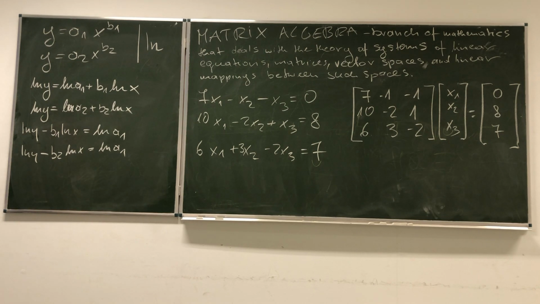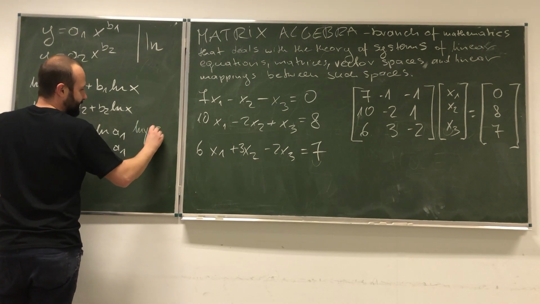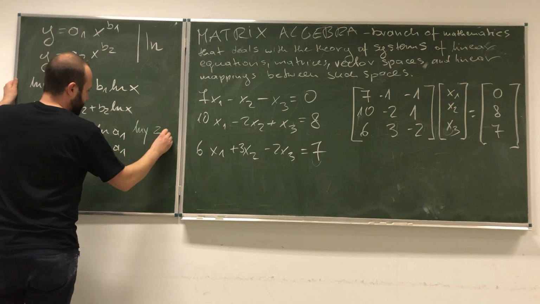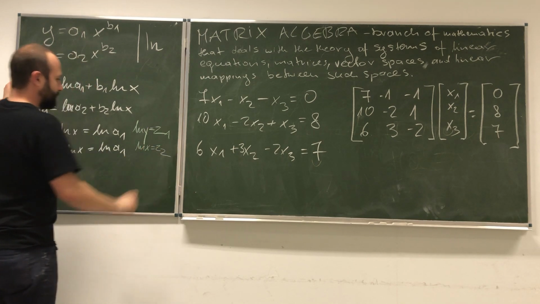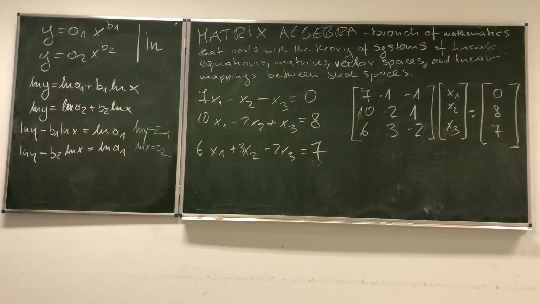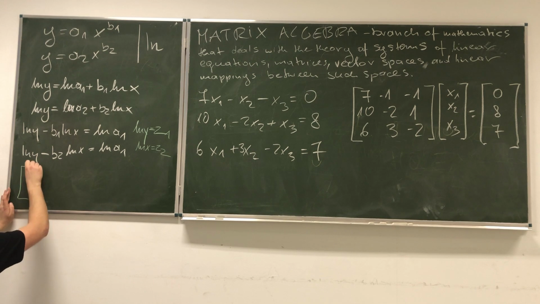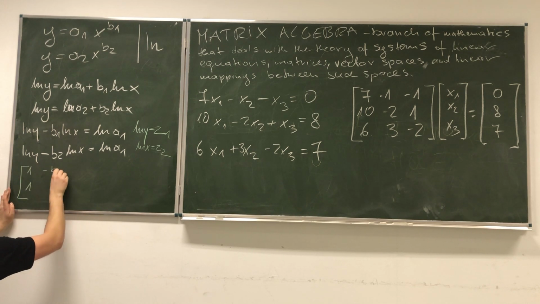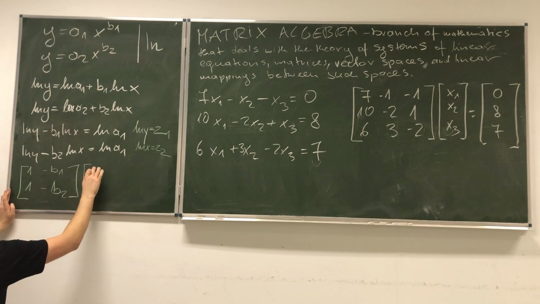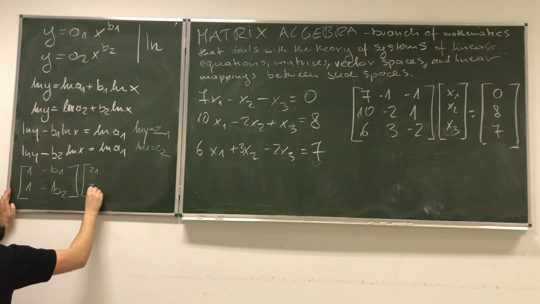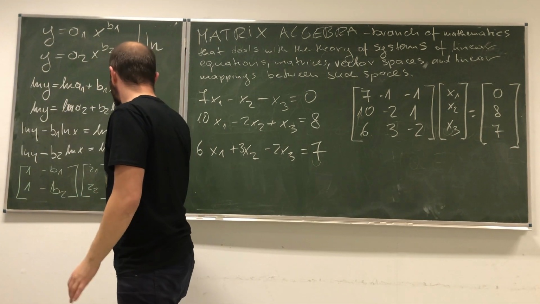Because look, now I can simply say that, let's just say that ln y is some z1, ln x is some z2. And now, look, I can put this system of simultaneous equations in a matrix notation. We have 1, 1, minus b1, minus b2. Here we would have z1, z2. And here we would have two constant numbers.